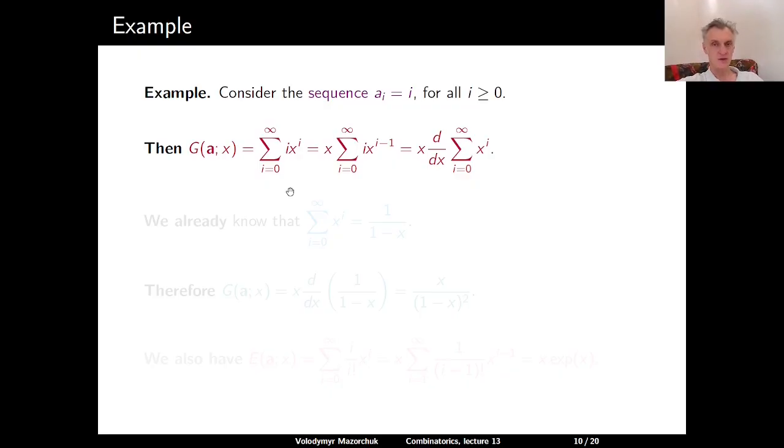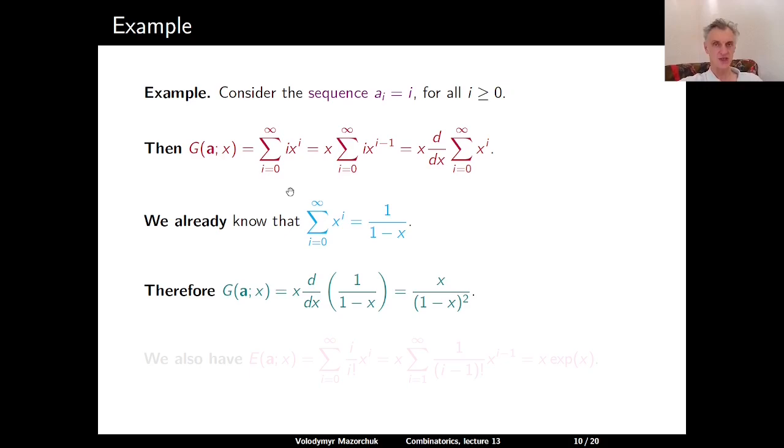We already know that this sum corresponds to the function 1 divided by 1 minus x. Therefore, the generating function of our original sequence is x times the derivative of 1 divided by 1 minus x, and this is equal to x divided by (1 minus x) squared. So the ordinary generating function for the sequence a_i equal to i is x divided by (1 minus x) squared.